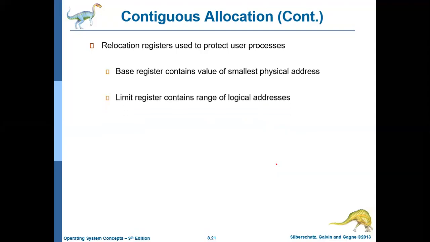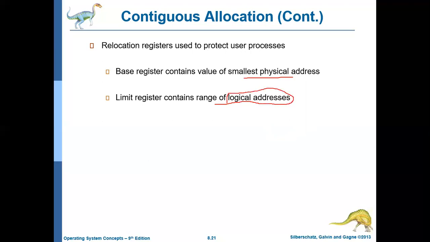As we have already discussed, the base register contains the smallest value of the physical address, that is, the starting address from which this process can access. The limit register contains the range of logical addresses.